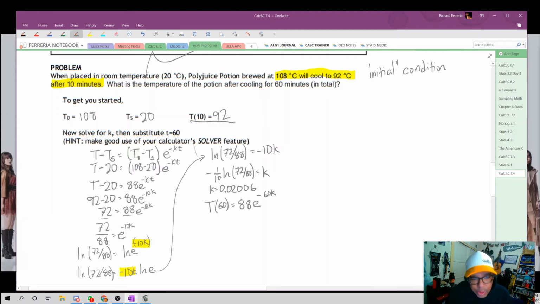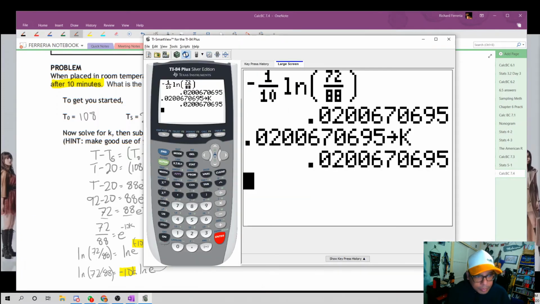Remember, that's the initial temperature difference, multiplied by e to the negative 60k. And we grab our calculator, and we'll put all that in. 88, e to the negative 60k.